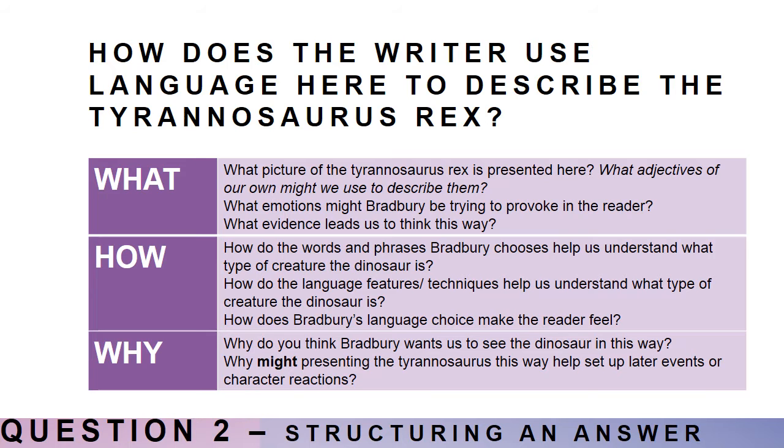And I've put that word might in bold because remember, the joy of English is that there aren't specific right answers. If we can support our own ideas with evidence from the text, then our ideas are correct. So we want to show that actually different people might think different ways. So this is a possible interpretation rather than the only interpretation.